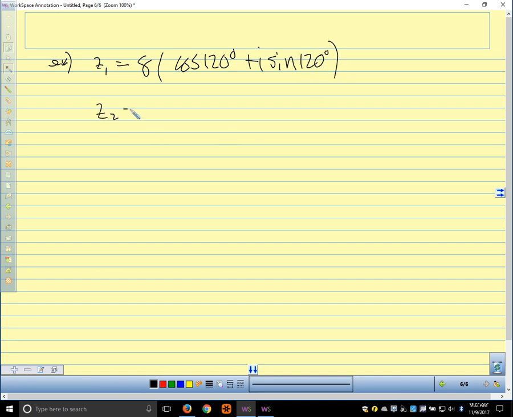And Z2 is 6 cosine 150 degrees plus i sine 150 degrees. And we want to find Z1 times Z2 and Z1 divided by Z2.